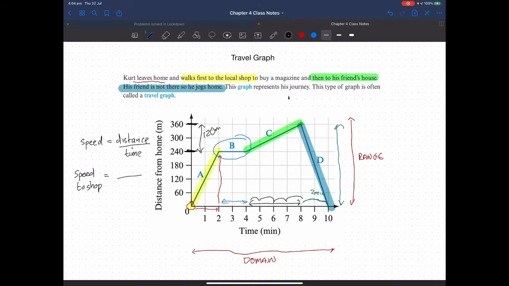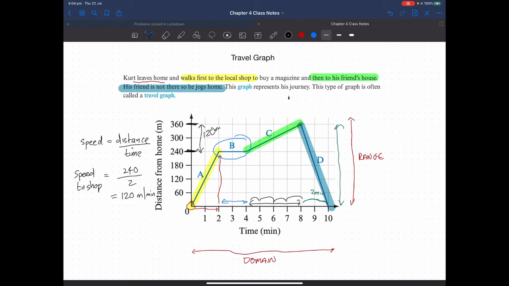It took him 2 minutes. How far did he travel? 240 meters. So 240 divided by 2 is 120. So the units, meters per minute.